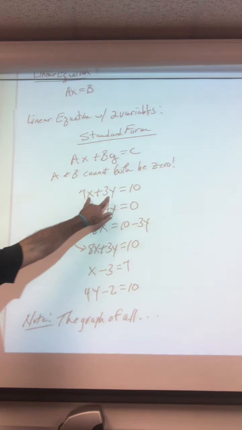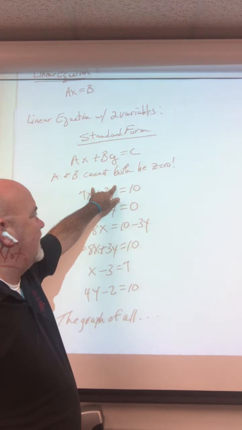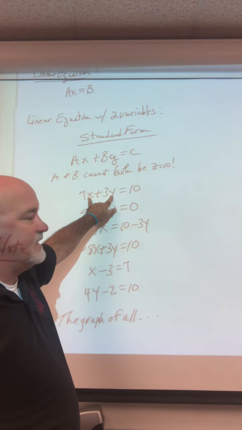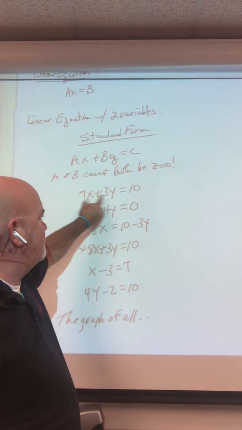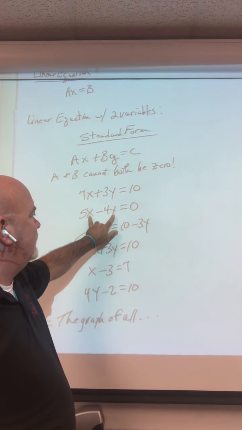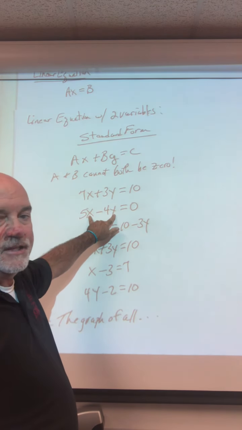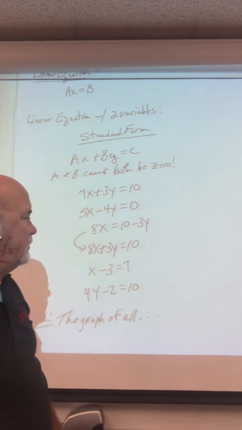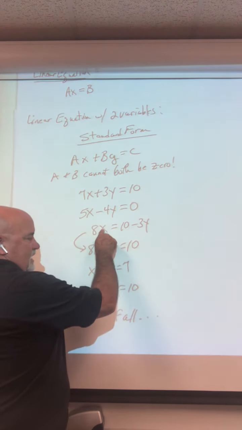But is this a linear equation? Yes, because X and Y are both to the first power. This linear equation is a slanted line because it has both letters. This one is slanted because it has both letters. This one is slanted because it has both letters. Now, this is the same as that one.